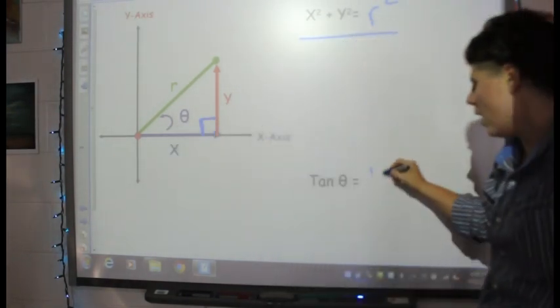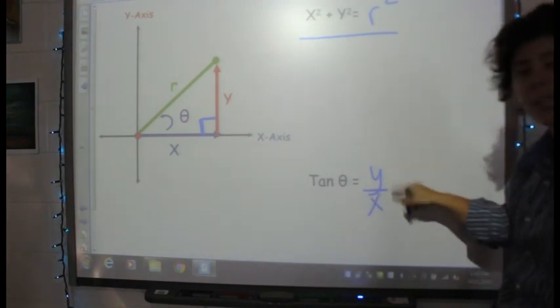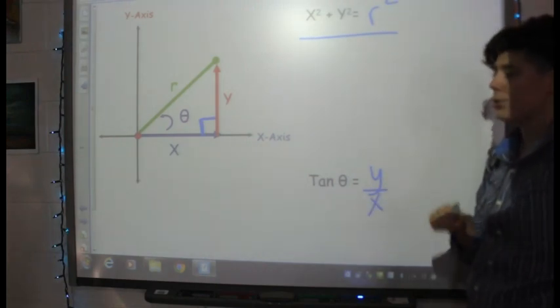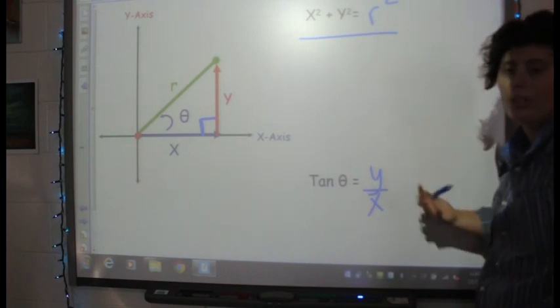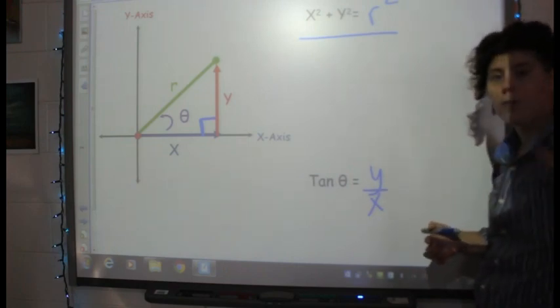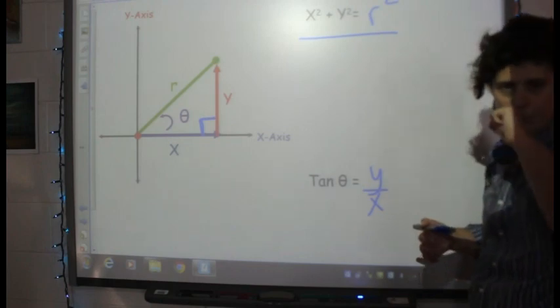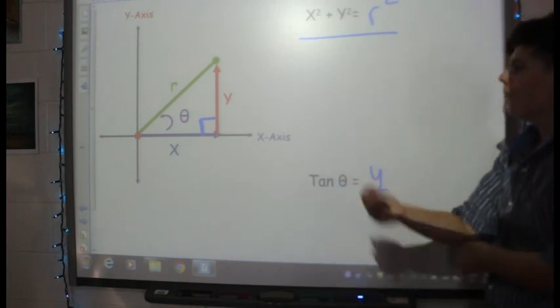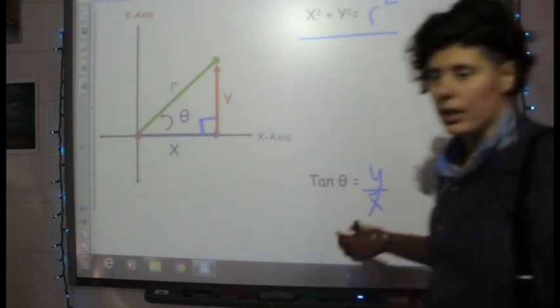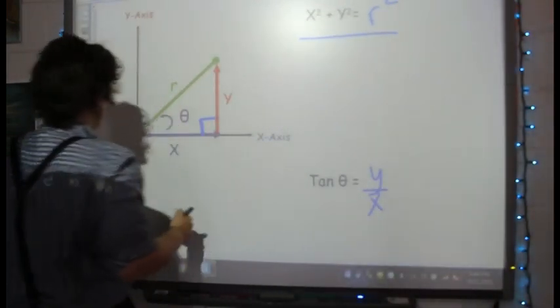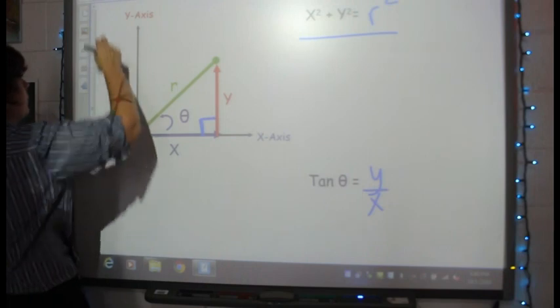And hey, look, it's y over x, which is exactly what we talked about yesterday in our trig review notes. That relationship is always there. That's why we talk about it. So again, these four formulas are very important for later in this unit, but not so important for the section we're talking about now. Just to give you an idea of the polar coordinate system and where it comes from.